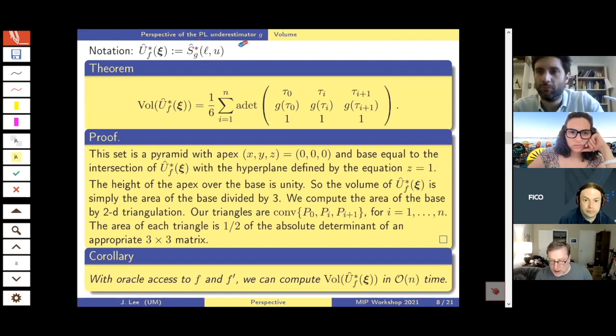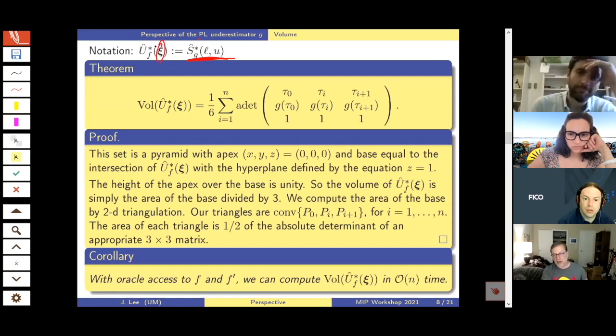So what is this object? It's take a function f, do the piecewise linearization in the way I described, now perspectivize it in the way I described, and look at that three-dimensional set in the XYZ space. What's its volume? So here's what the volume is.